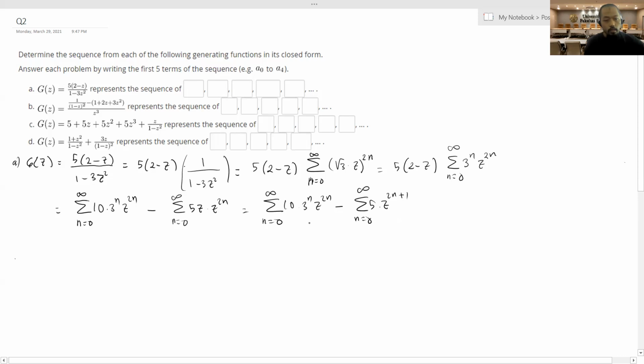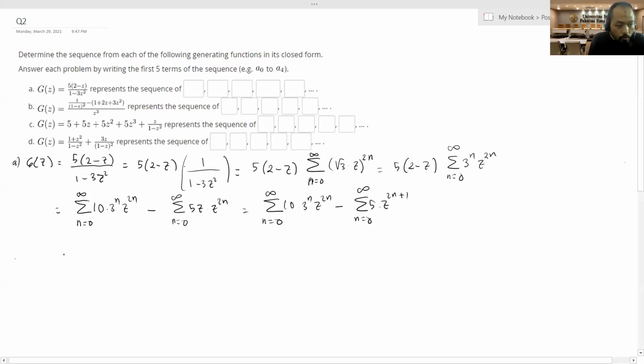If you look at this form, you see that the left term of the subtraction gives us the even numbered terms, whereas the right one gives us the odd numbered terms.